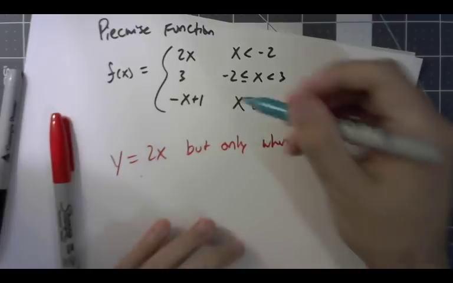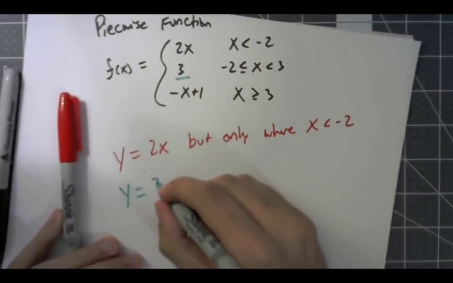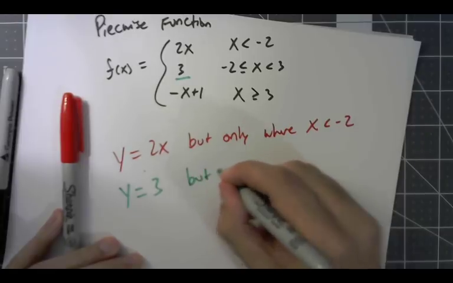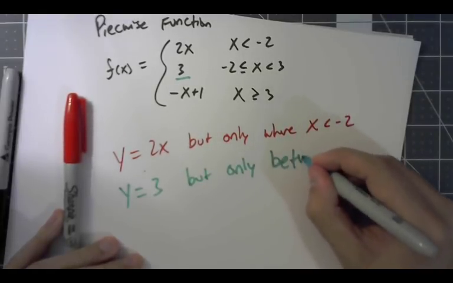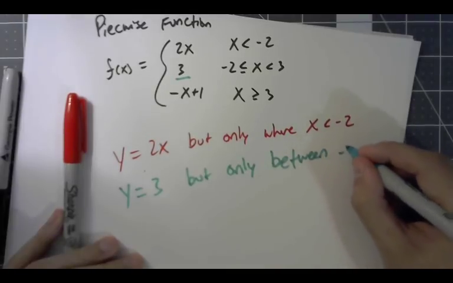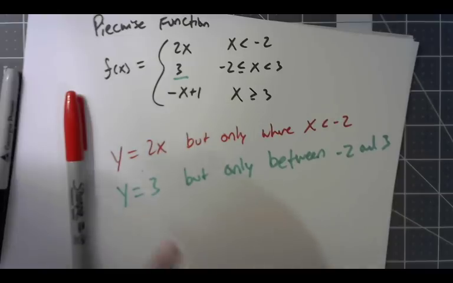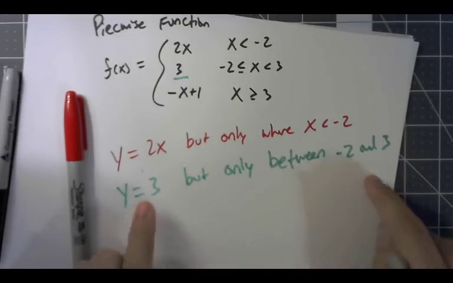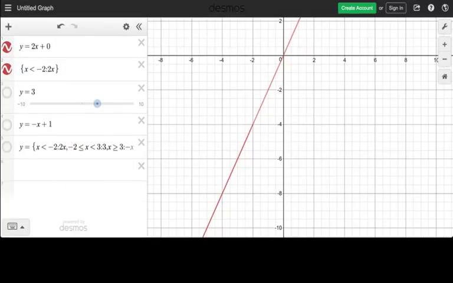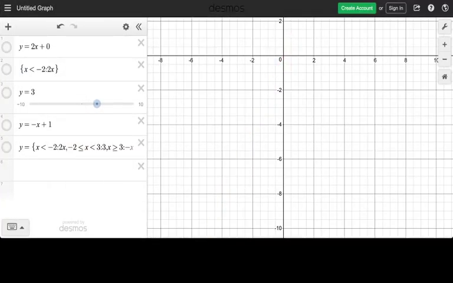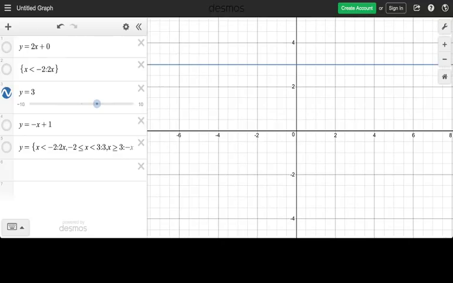Our second one right here, that's going to be y equals 3, but only between negative 2 and 3. So we have y equals 3, but only between this. Y equals 3 is going to be our constant graph, our horizontal graph going across.